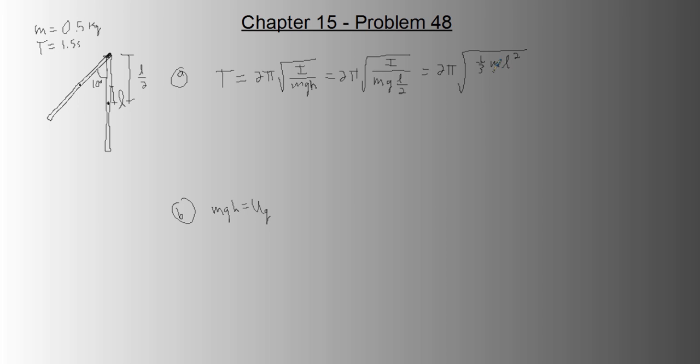Anyway, that's where the 1/3 comes from, and that's all over m g L over 2. M's cancel, one of the L's cancel, and we can rearrange this slightly. This 2 goes up to the top, and the 3 we can go to the bottom, so 2L over 3g.